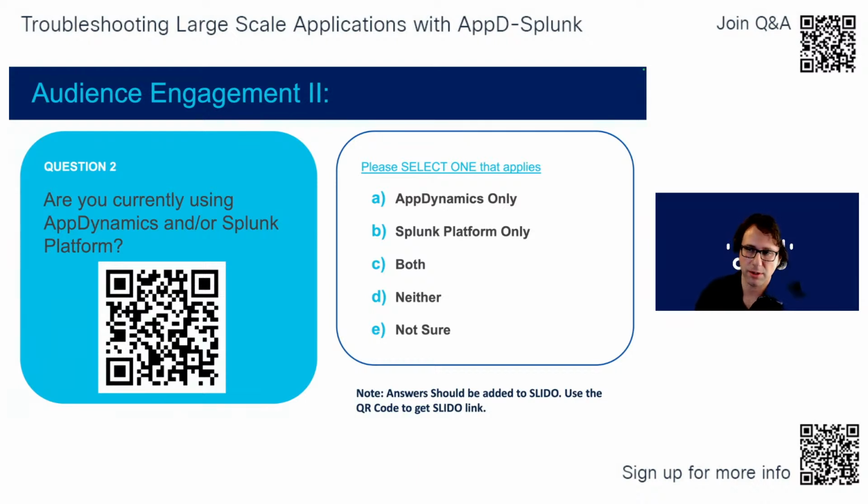Are you currently using AppDynamics only, Splunk only, both, neither? Or you're not really sure? What describes you best? Please pop that in the Slido, and we will be able to bridge that gap and start understanding our customers as well, and where you are and where you can be.